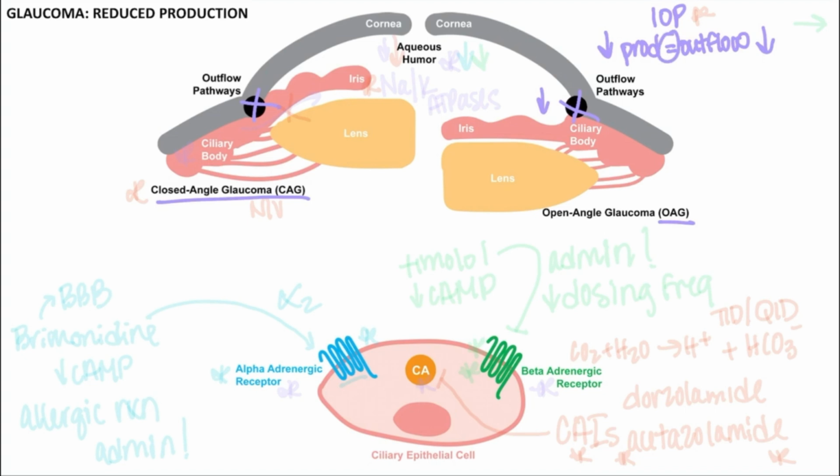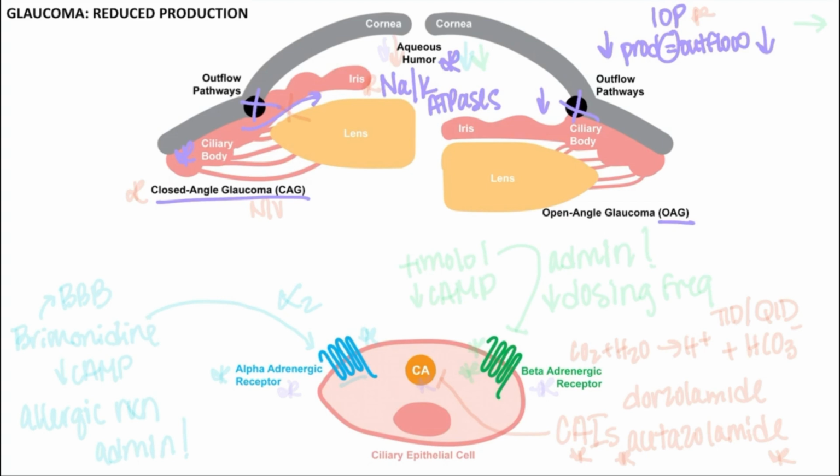And we can do this by targeting our ciliary epithelial cells and our ciliary body, because remember, the ciliary body is what is responsible for aqueous humor production. And keep in mind, the ciliary body requires sodium-potassium ATPases to create an osmotic gradient through active secretion for water to follow solutes into the posterior chamber to form aqueous humor.